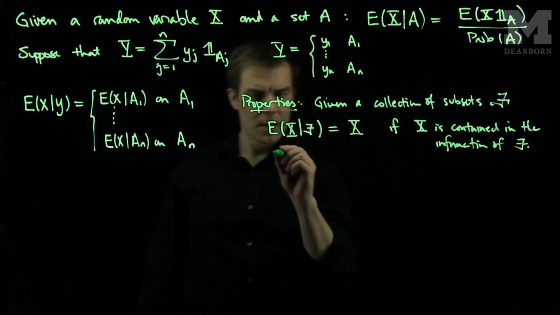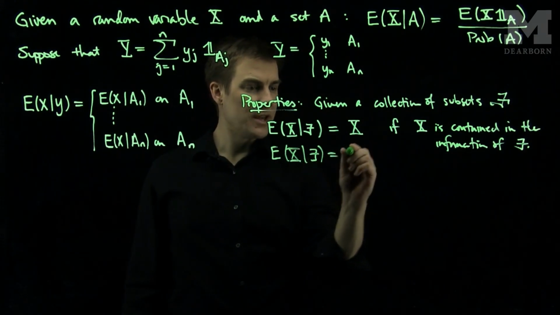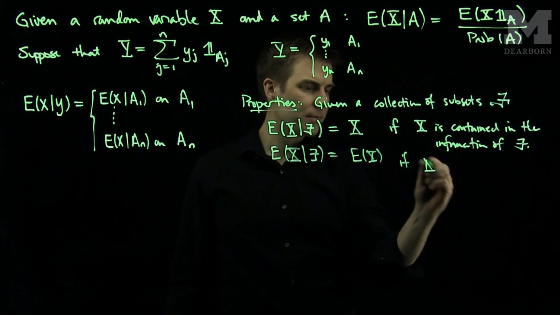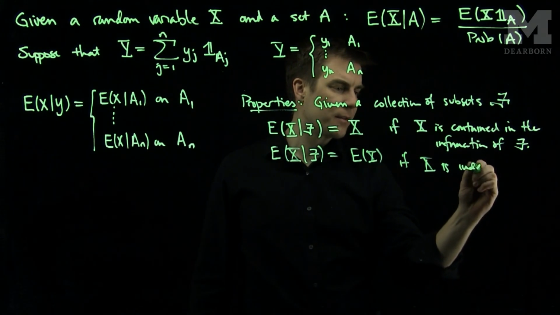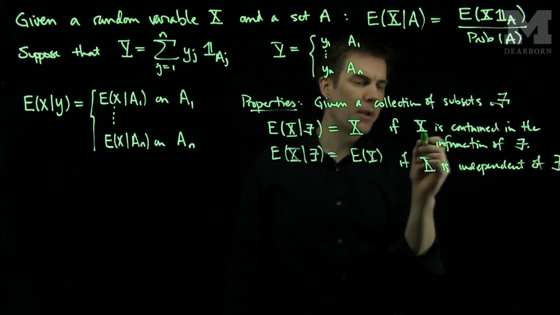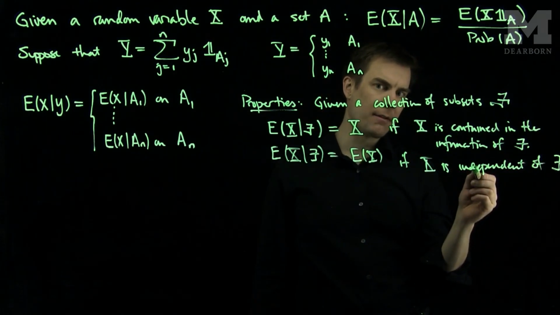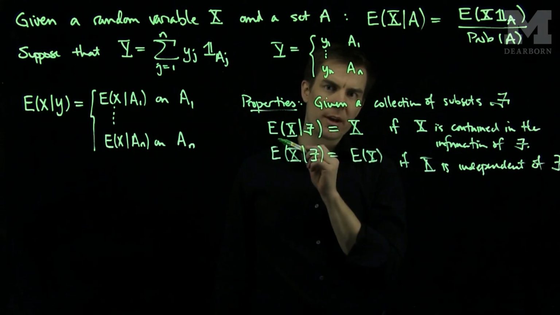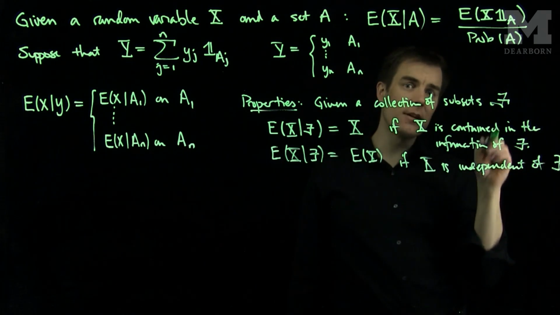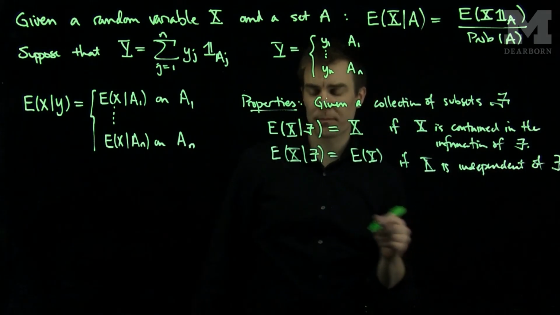The conditional expectation of x given f will be equal to the expectation of x if x is independent of f. So if the information in x is contained in the information of f, then the conditional expectation outputs the random variable x. If the information in x is independent of the information from f, then the conditional expectation outputs the ordinary expectation.